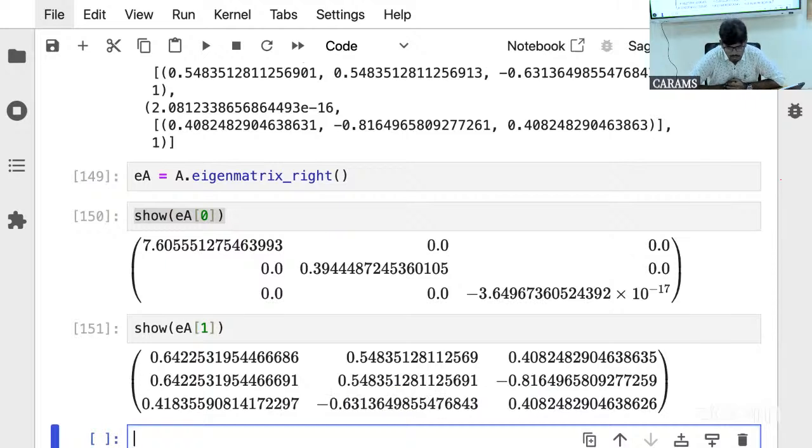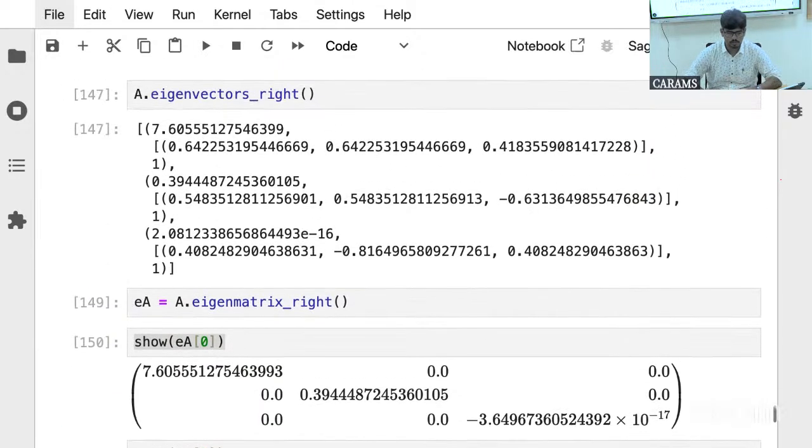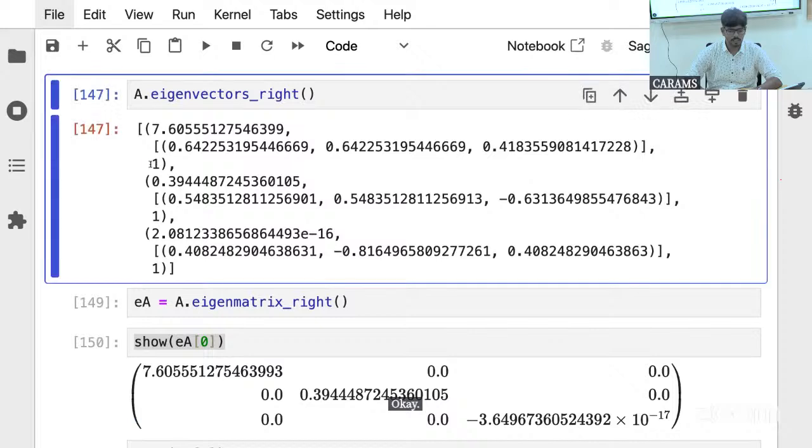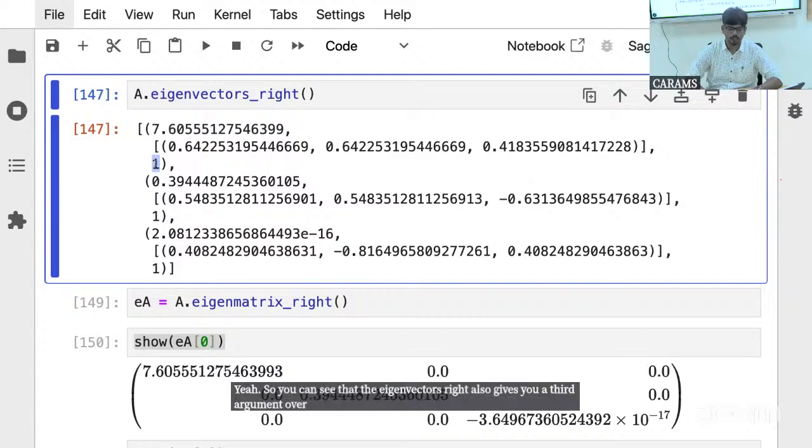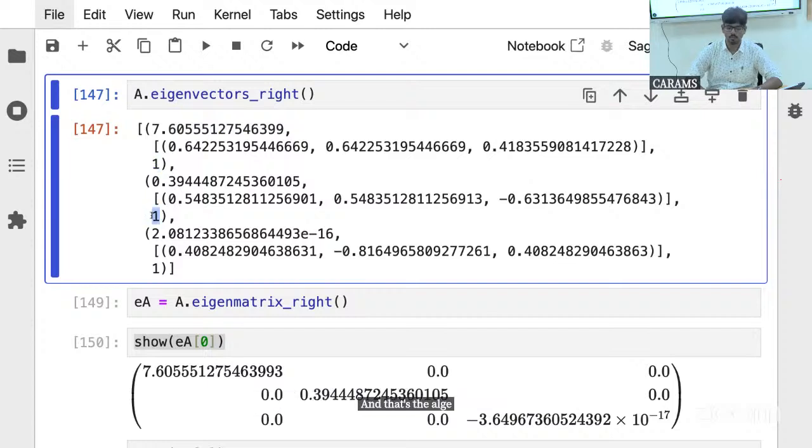Where is the one? Okay. This is the algebraic multiplicity. Algebraic multiplicity of this eigenvalue. Yeah. So you can see that the eigenvectors right also gives you a third argument over here, 1, and that's the algebraic multiplicity of this one.